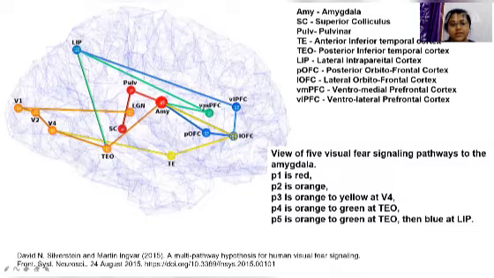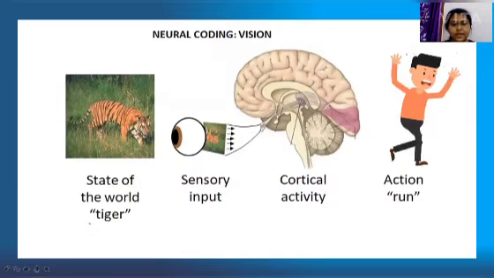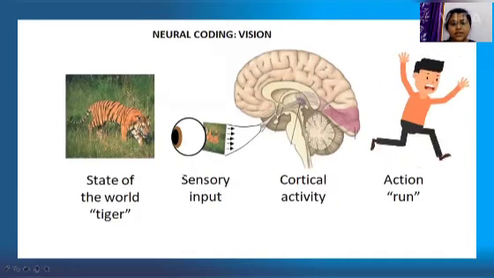One path from here goes to the amygdala via the ventromedial prefrontal cortex, and another path goes through the ventrolateral prefrontal cortex, the lateral orbitofrontal cortex, and the posterior orbitofrontal cortex to the amygdala.